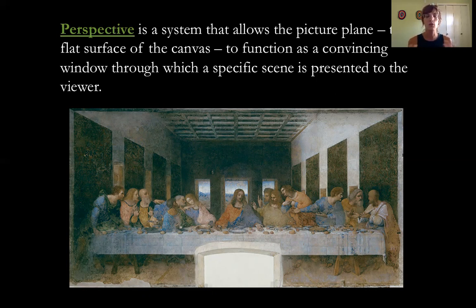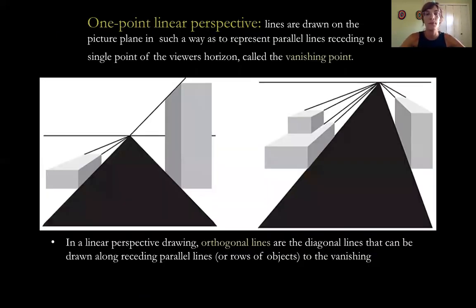So artists wanted people to believe as closely as possible that their paintings and drawings looked exactly like a window into the real world. And so the best way to make it seem most realistic is to use a system we call perspective. And there's a couple different types of perspective.